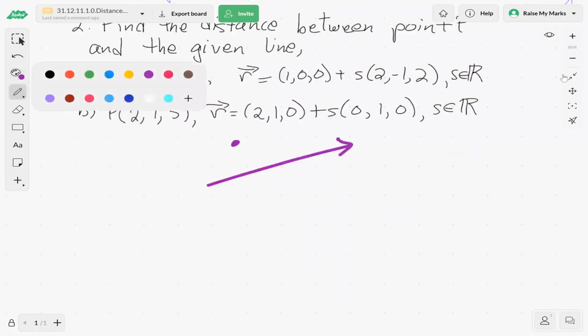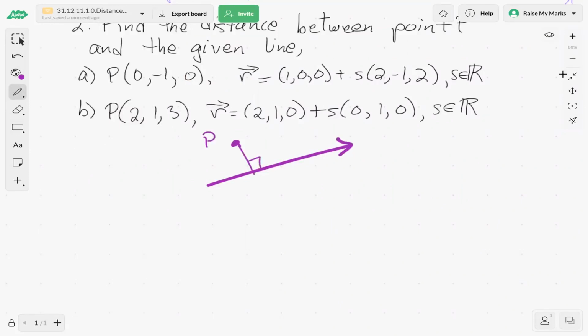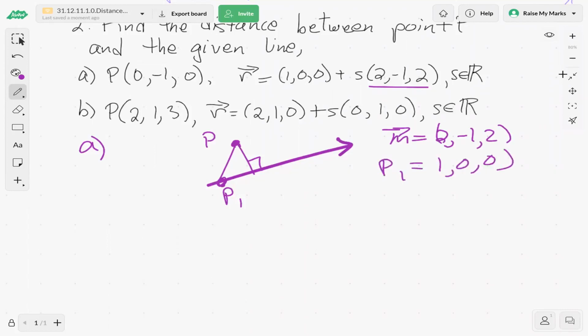All right, so we need to find this distance. We need to find a point on our line, which is pretty easy. We need our direction vector. In part A, our direction vector is 2, -1, 2. Our point P1 on our line is 1, 0, 0.